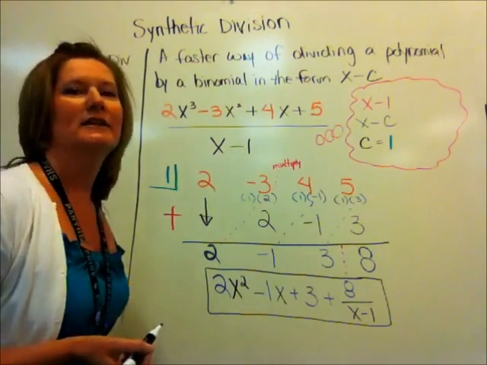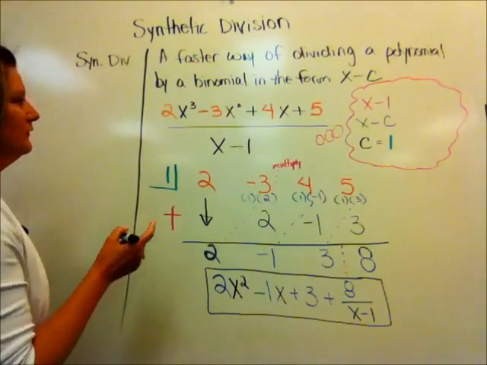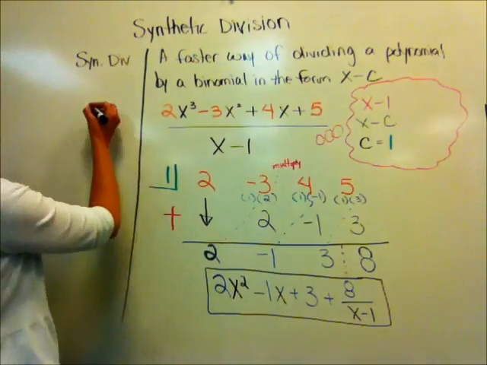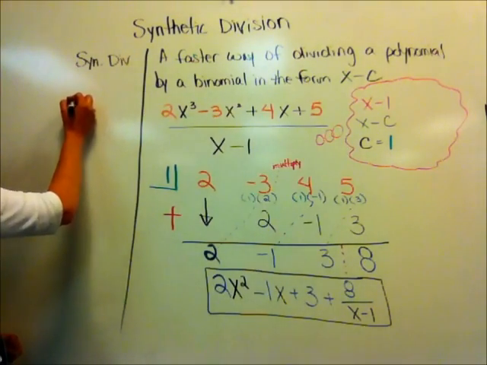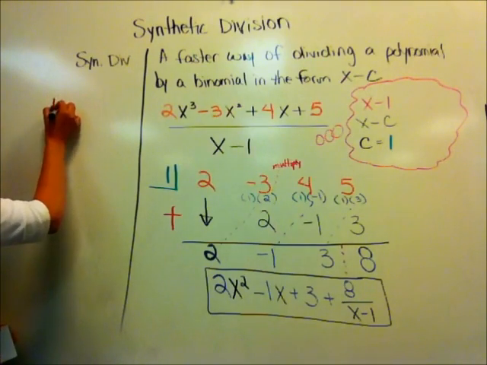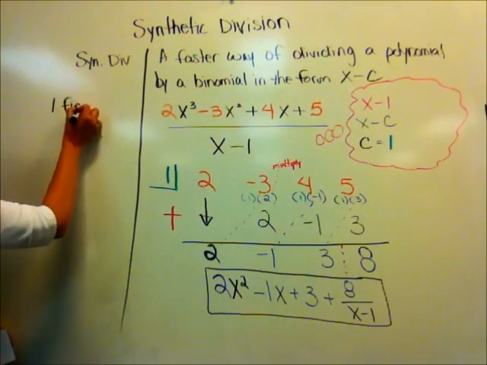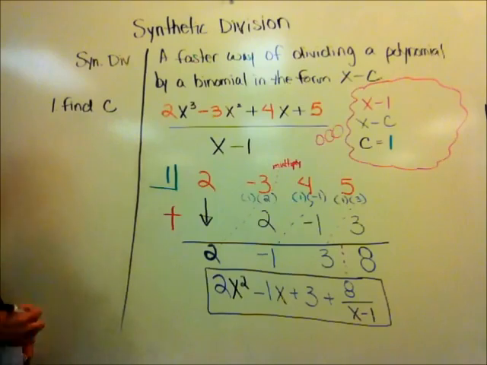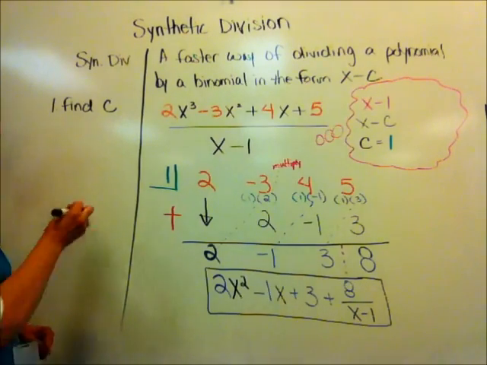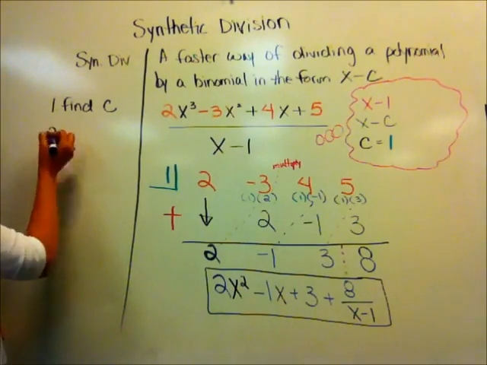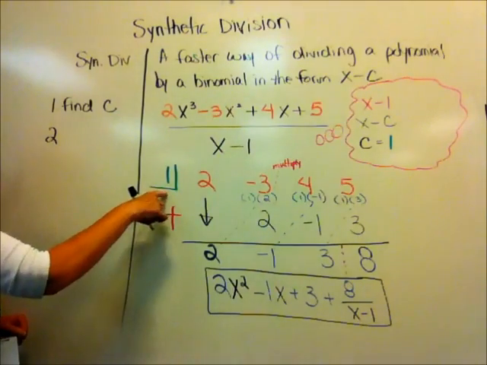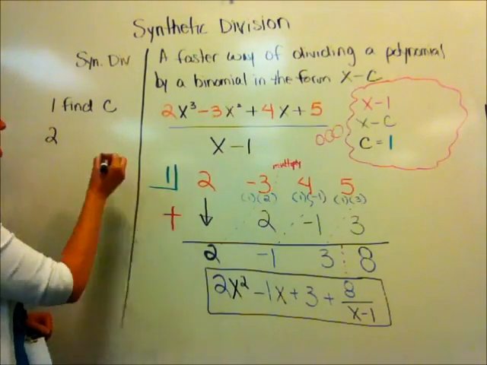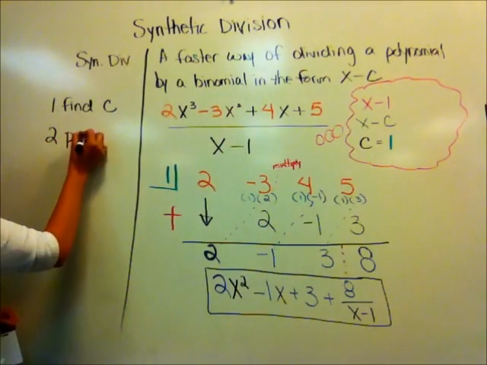All right, let's look at some quick steps here. So the first thing we did was find C. So number 1, find C. Number 2, put C right here in that little box. So put C in box.